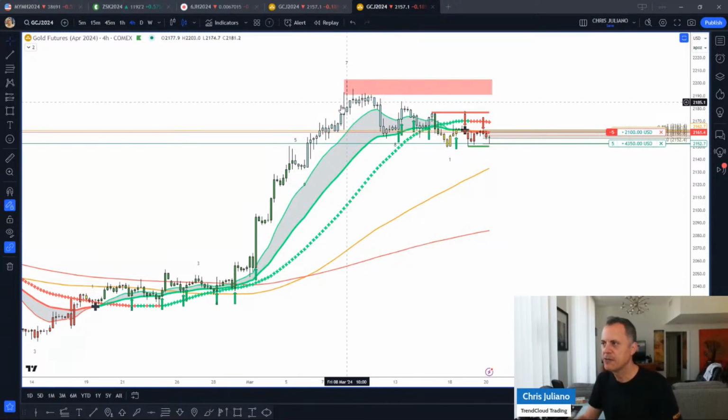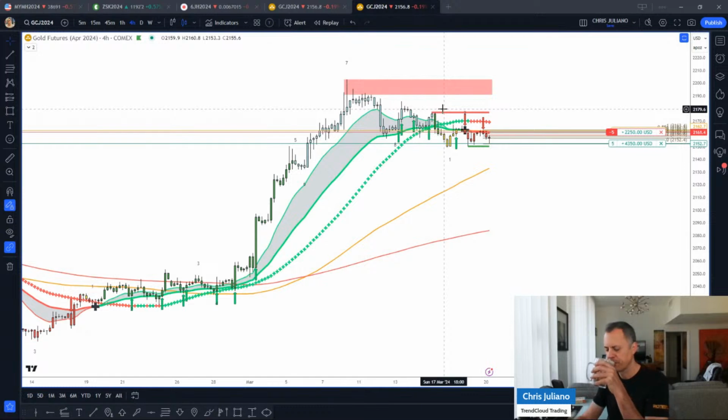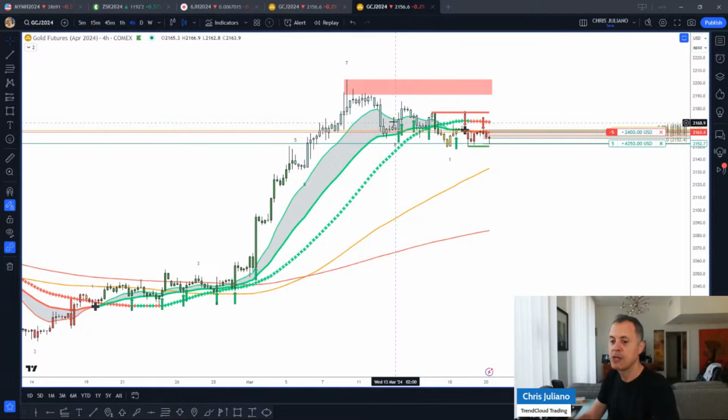But this is mass psychology of actual people doing stuff. This is large institutions, this is retail traders like us, everybody. This is a calculation of everyone. Why wouldn't you listen to that? You've got to take that into consideration.